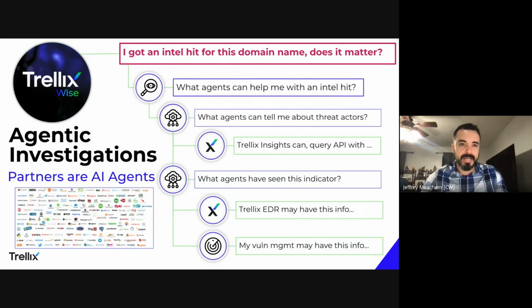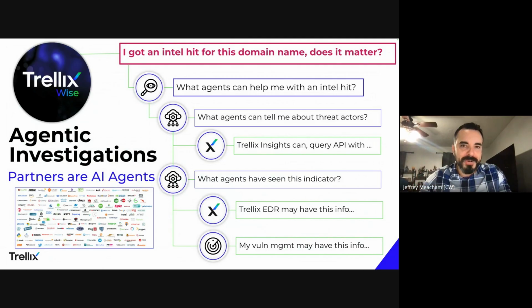So Trellix Wise is able to spin up multiple AI agents in parallel, which is very interesting. One of those agents might query threat intelligence. Another might check on the EDR solution. Another might look at the vulnerability management system, automatically using APIs and data access that is already in place.